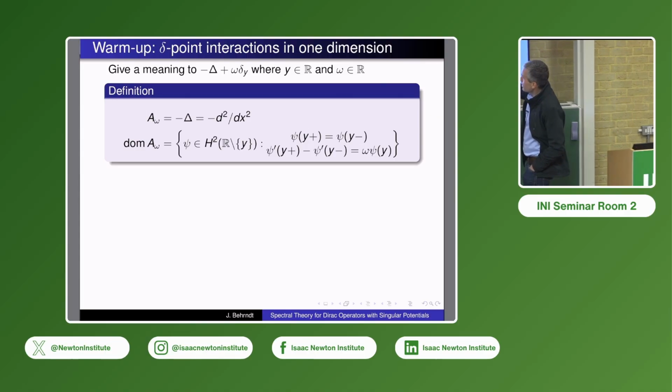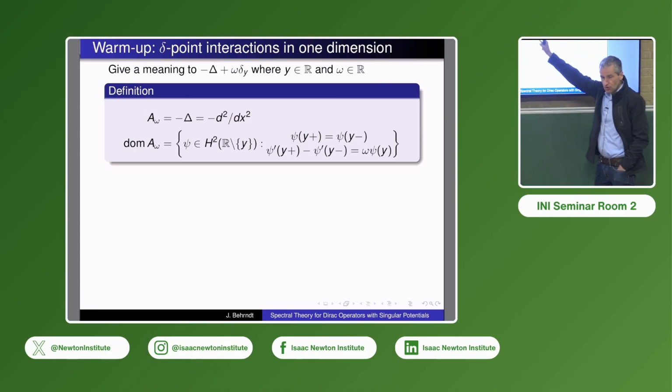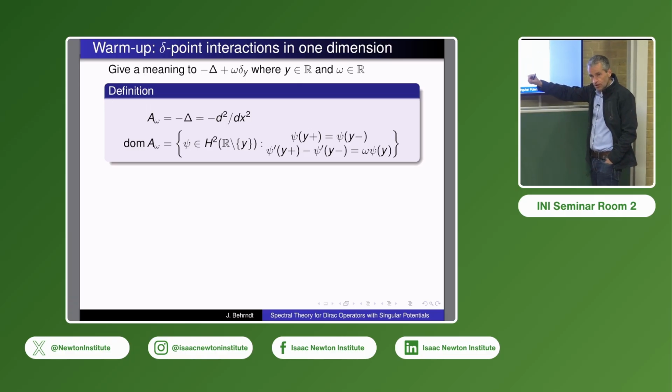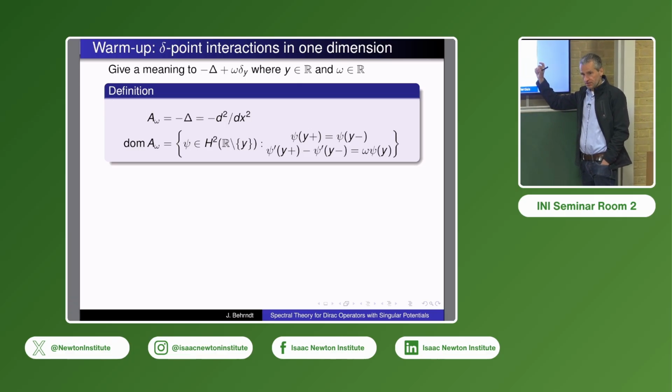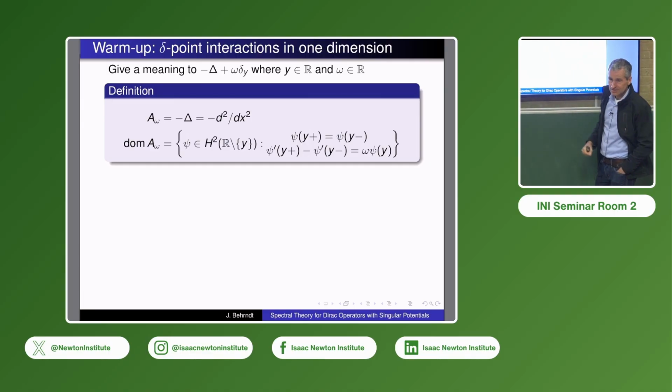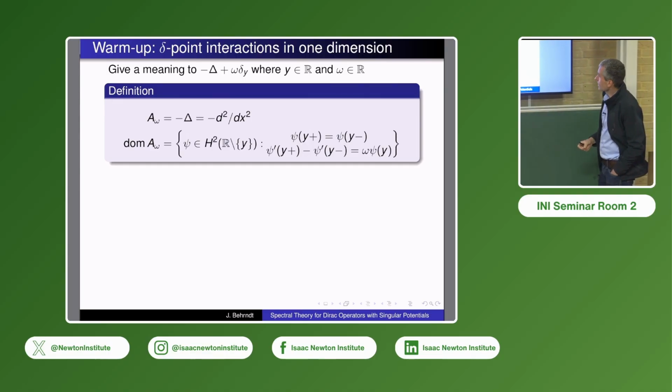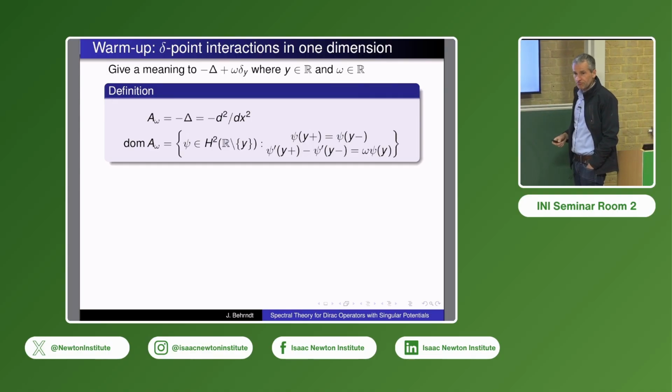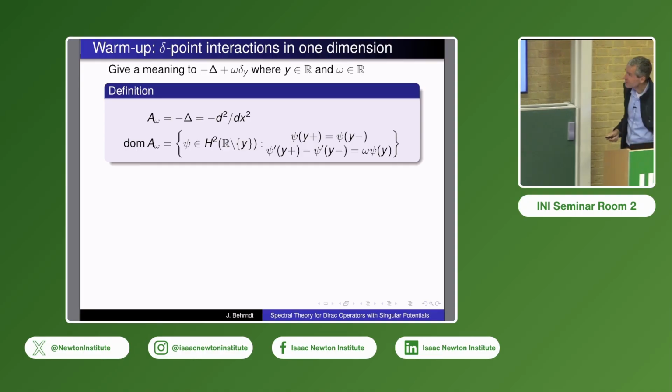So I'm requiring psi to be in the Sobolev space H2 as usual, but just outside this point where something's going on. In that particular point, there is still a continuity condition, as you can see. But what is really unusual is that the derivative has a jump. And this jump is proportional to the value of the function. And so the idea is to use this as a definition. Let us see if it works.